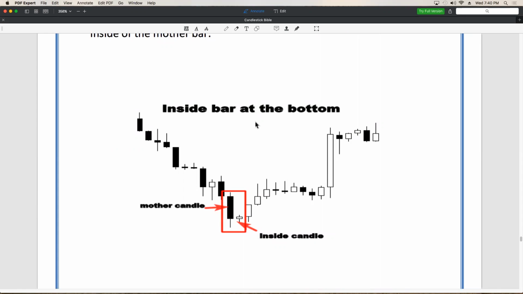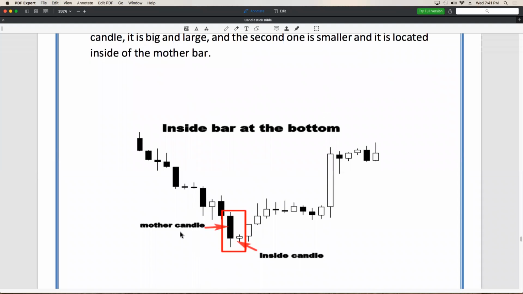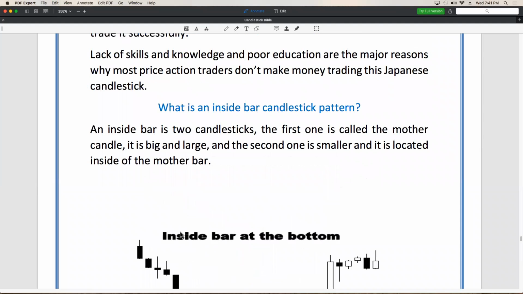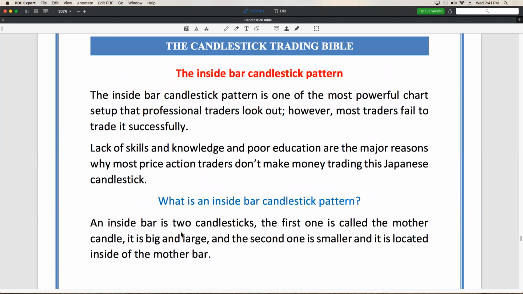So the inside bar at the bottom, here's the mother candle. That's the big one. A lot of pips on it, meat on it. Then the inside candle is this little doji because it's inside the boundaries of the previous candle. You see that? Yeah, and it's a morning star.